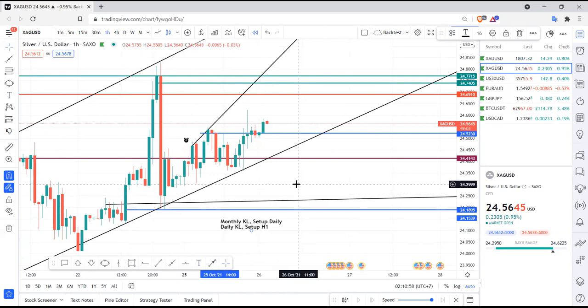If daily doesn't close, we use H1, right? Yes. Before the candle closes, I will consider the lower time frame first.